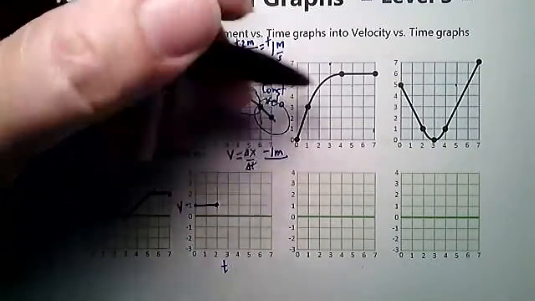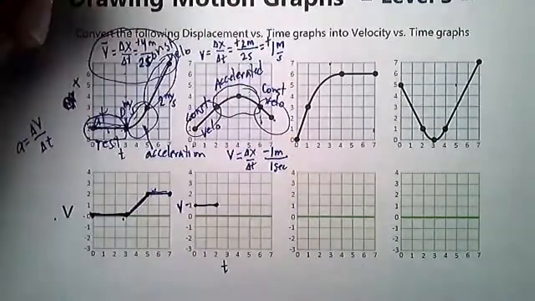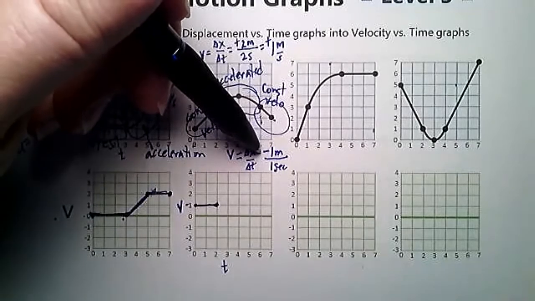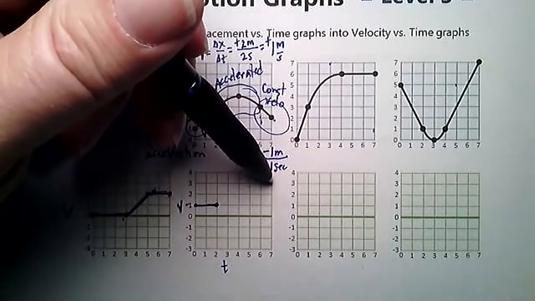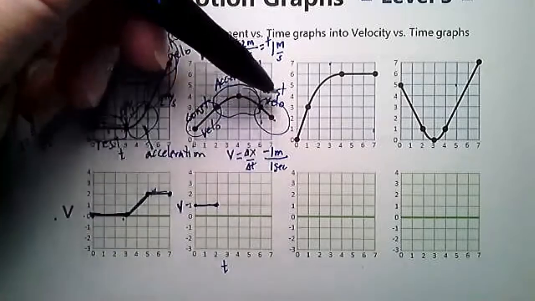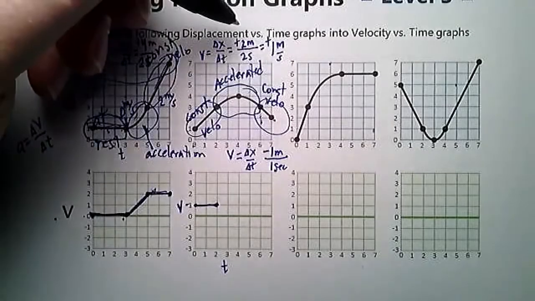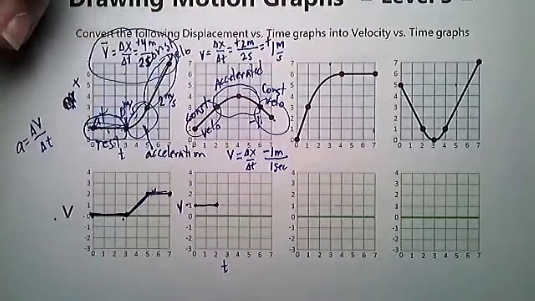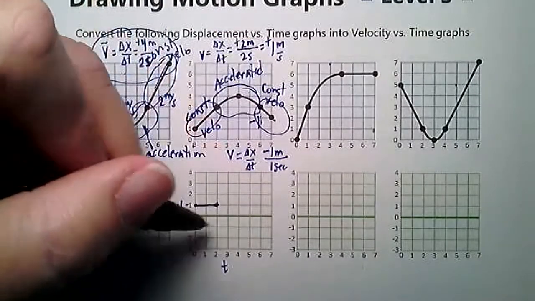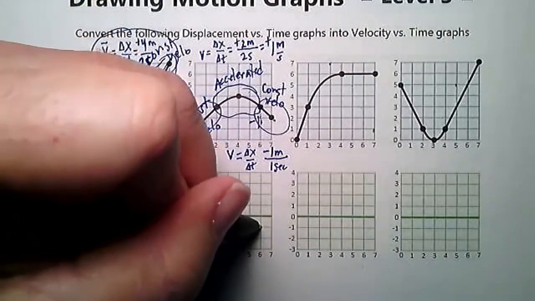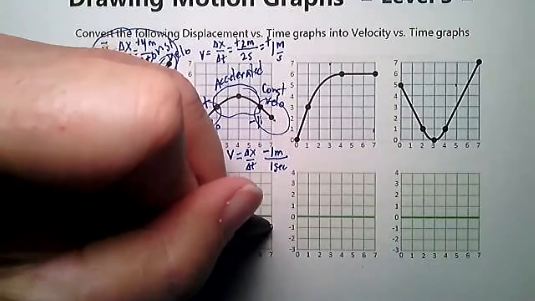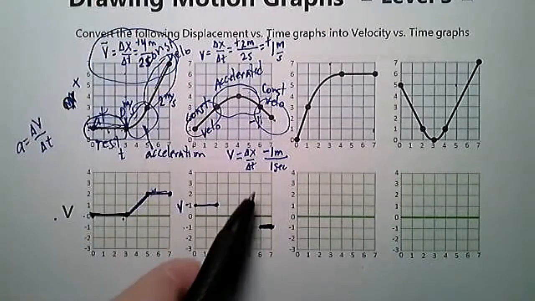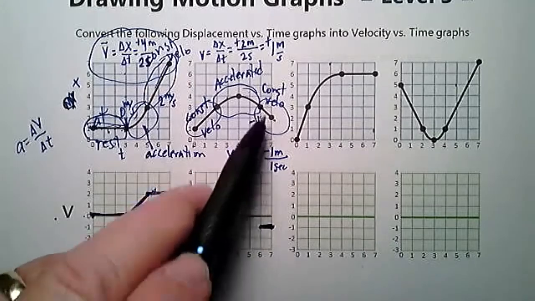So the time is just 1 second. This is very easy to simplify. What's my velocity at the end? It's negative 1 meter per second. I do know that it's negative 1, so I can fill it in. Negative 1 meter per second is right here. So it would just be a line that goes from here to here. Notice I am below 0, at negative 1, because we already figured out that's what this would be.